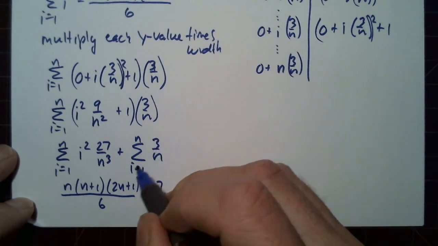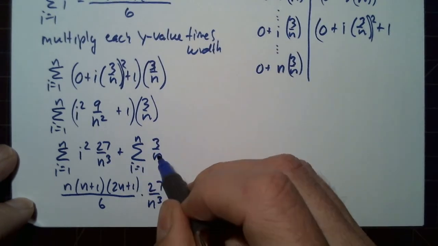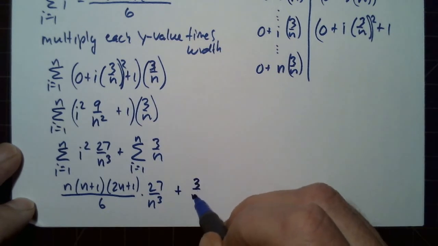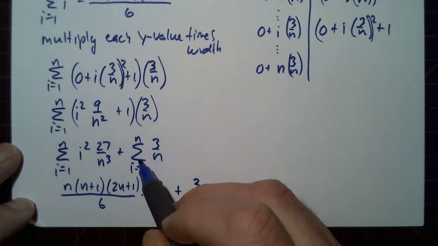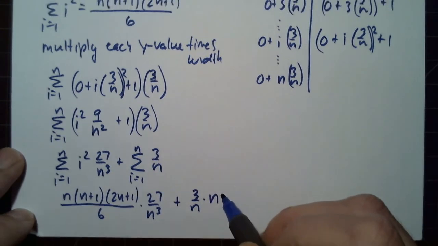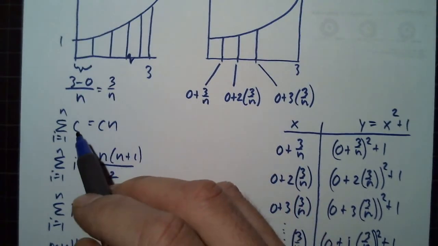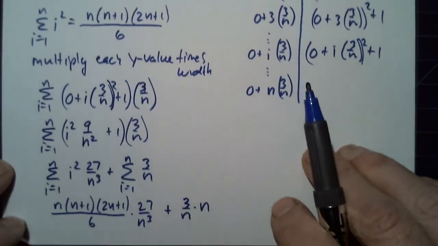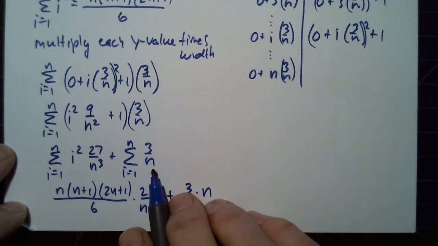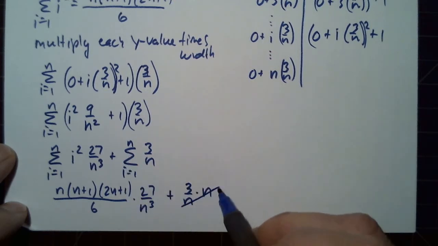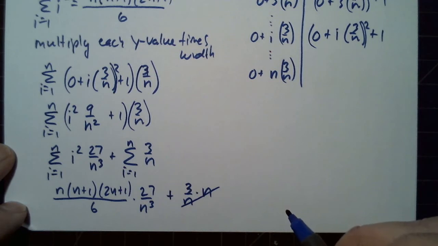This, in terms of i, is just a constant, since n is not changing, and we're going to have 3 over n. The sum from i equals 1 to n of this is just going to be n, using this formula. If you add up a constant n times, you have n times the constant. So it's n times 3 over n, and so that's going to cancel. We get the plus 3.